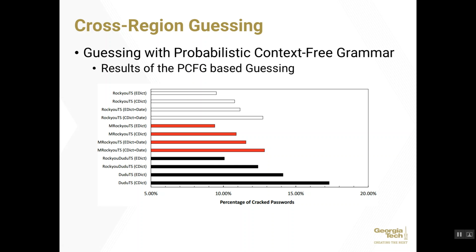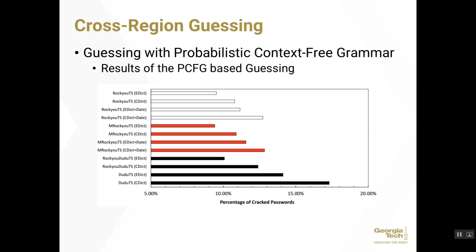If using the Chinese dictionary, we get the second column with a good improvement. If we add the dates, we get the third column. We didn't add the dates for the last 2 training sets because they already contain many Chinese dates.